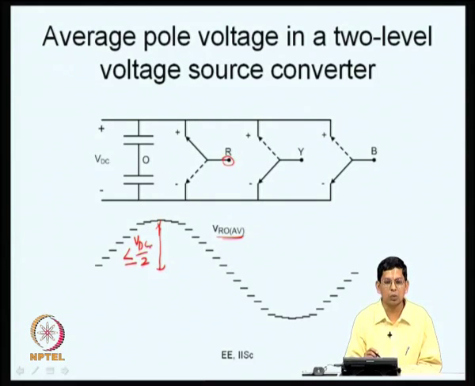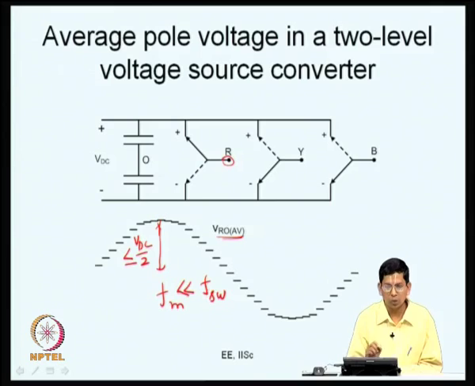So, it is possible to control the amplitude such that this VRO average peak value does not exceed VDC by 2, and the frequency can be varied over a wide range, but this line frequency or the modulating frequency, let me call this FM, is to be lower than the switching frequency. In fact, I would say it is typically much lower than the switching frequency of the inverter.